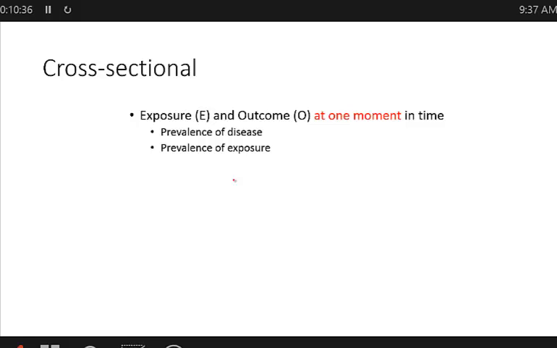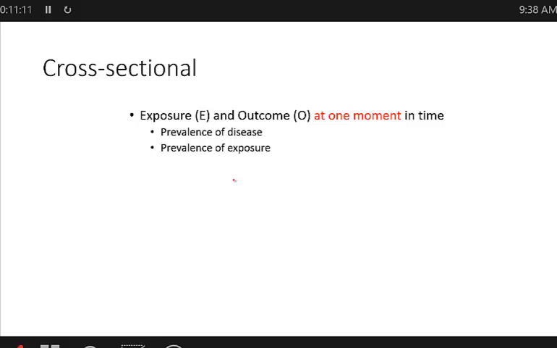You might send out a survey to everyone over, let's say, the age of 50, and ask them, do you have cancer? Or do you have lung cancer, if you have a specific type of cancer of interest? And at the same time, you ask, do you smoke? So you can get some idea of how many people in Nashville have lung cancer and smoke.